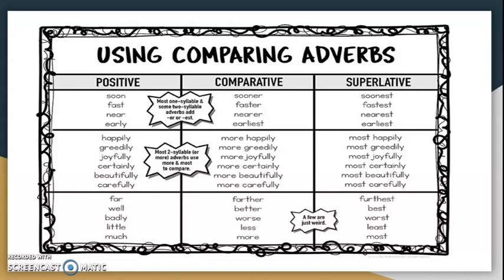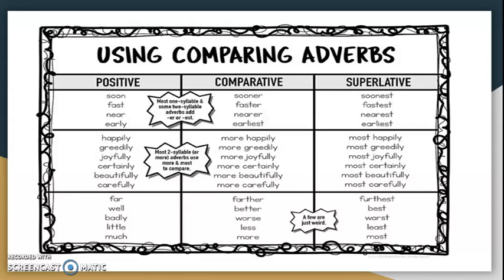If we have a y at the end, we remove the y and add iest. If the adverb is composed of two syllables or more, we add more and most. More in the comparative form and most in the superlative form. For example, happily, more happily, most happily.